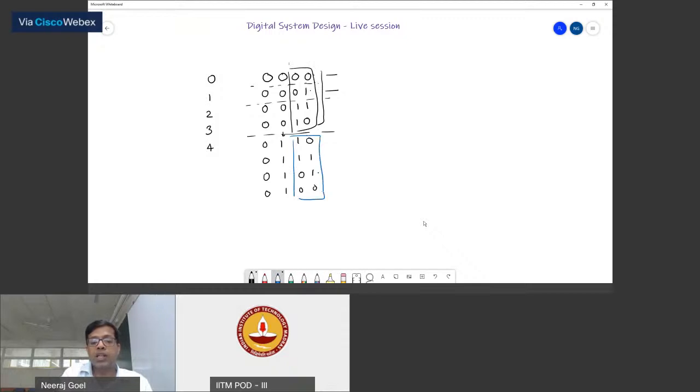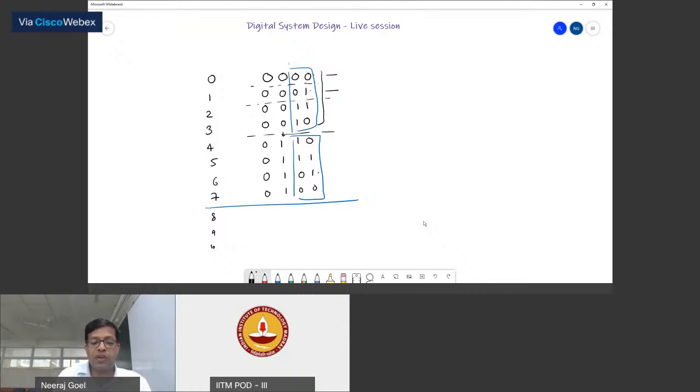Okay. Similarly, this is the representation for 4, 5, 6, and 7. Similarly, we would like to go for 8, 9, 10, etc. With the same formula we will go here also.